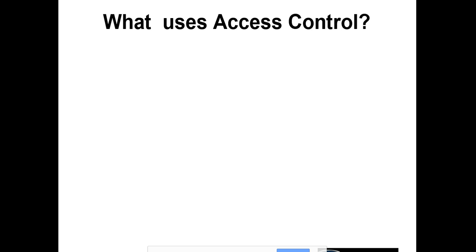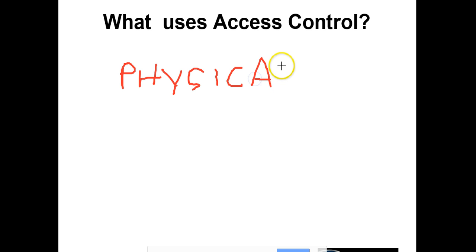So really, we're talking about a couple of different things here, right? We've seen over the last 15 years a couple of different things happen. So there's the physical sense of access control, right? So that would be things like gates, guards, and guns. That's how we control access in the physical sense.